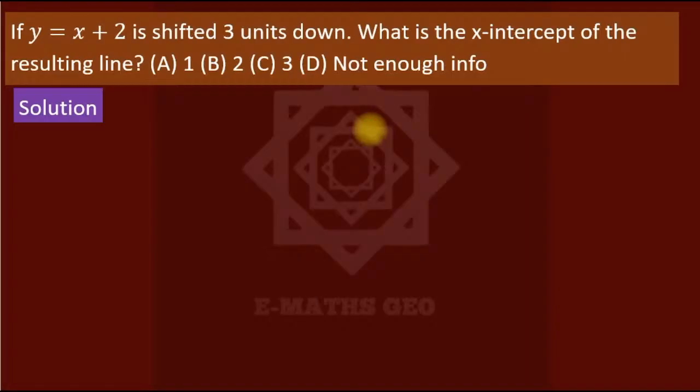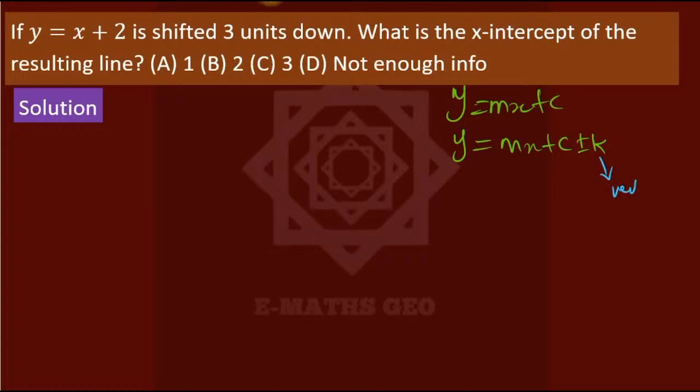So generally, if you have the original line y equals mx plus c and you shift either up or down, that's a vertical shift, the resulting equation will be y equals mx plus c plus or minus k, where k is the vertical shift, either up or down. Plus is up, minus is down.